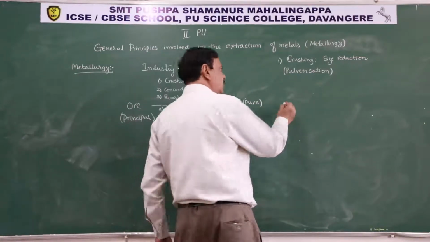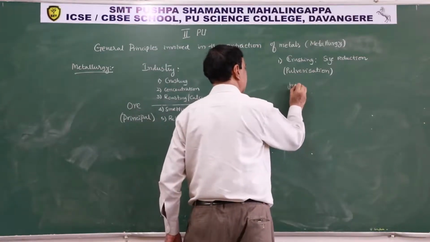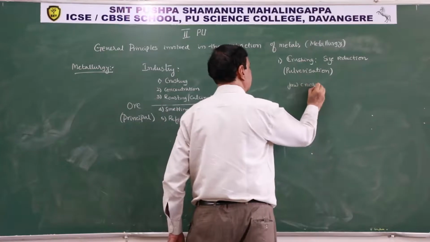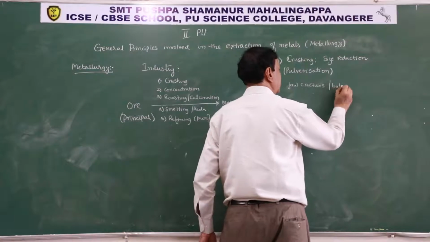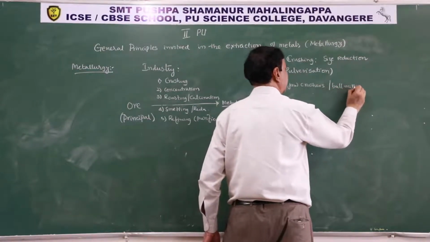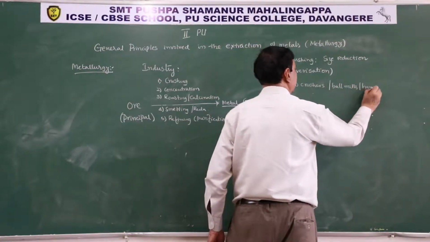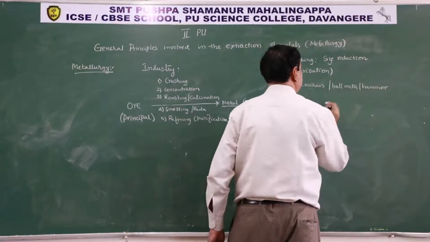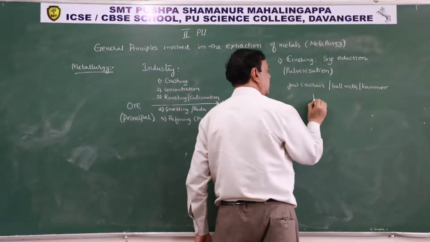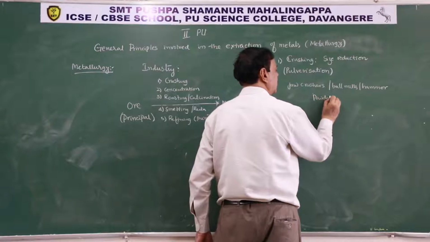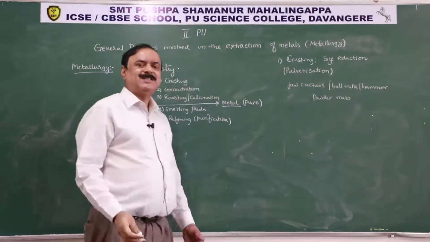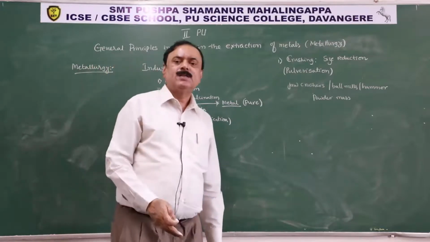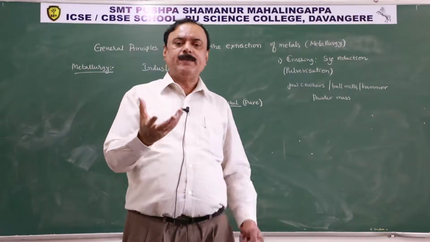Now jaw crushers and ball mills are used. Ball mills in the sense of hammering by means of a hammer. We can cut into a fine powder mass, and by means of sieving machines, we can convert it into a fine powder mass.